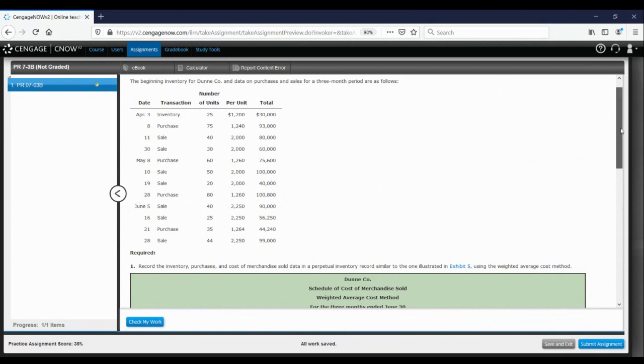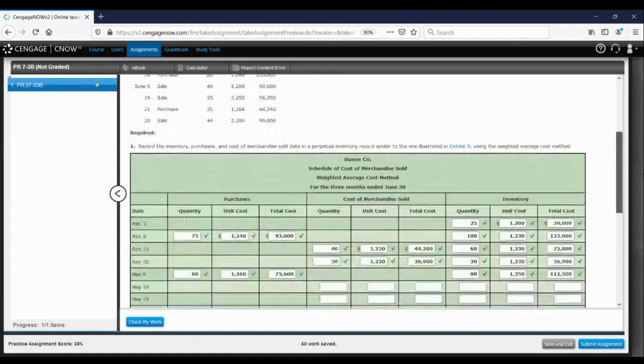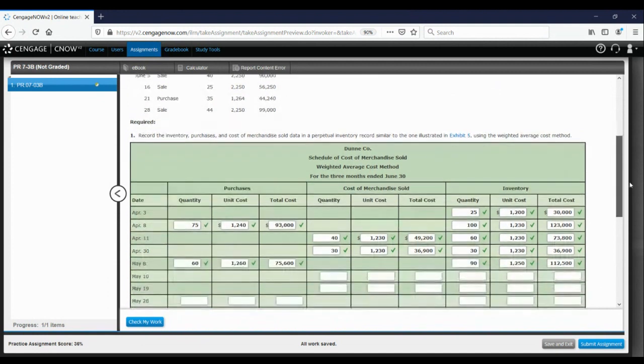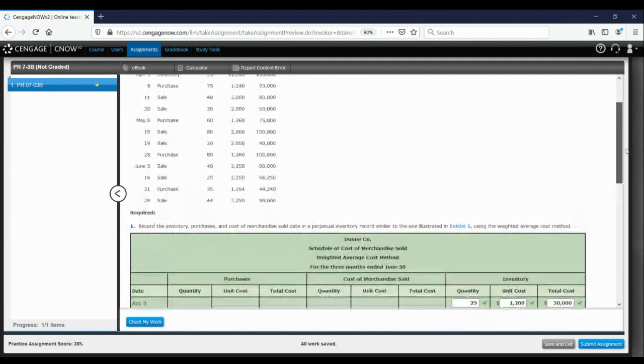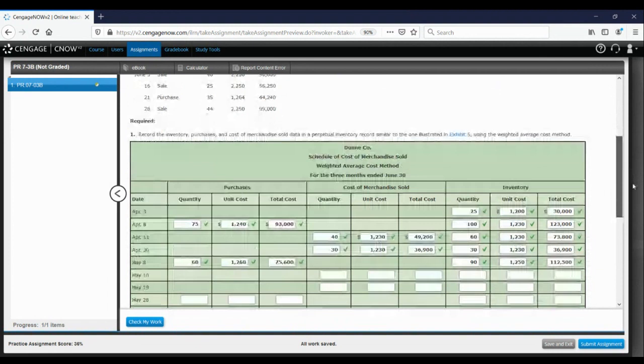Then we will need to show in the cost card, in the cost of merchandise sold columns, how much we've sold. On this date, which is May the 10th, we have sold 50 units. So 50 units goes here.